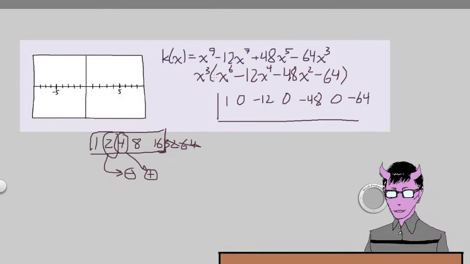Okay, so we might have irrational answers, but I guess we should try negative answers as well. Let's use Descartes' rule of sign. If this is negative, this is going to be positive. This is going to be negative, and then that will be positive. So we have 1, 2, 3 sign changes, right?